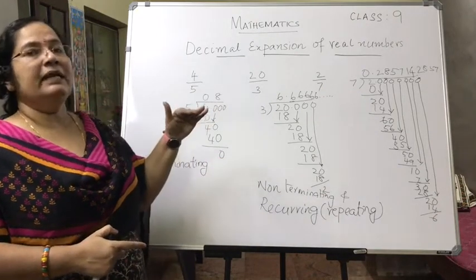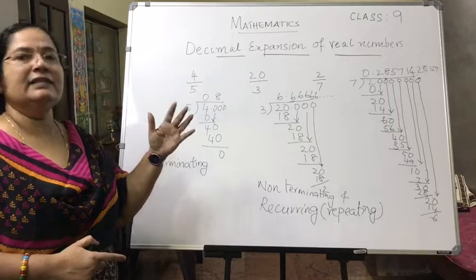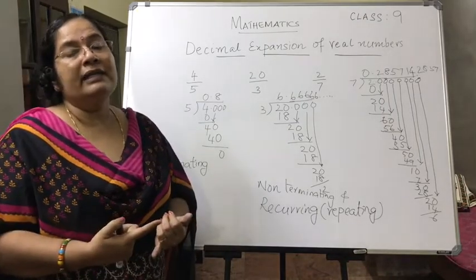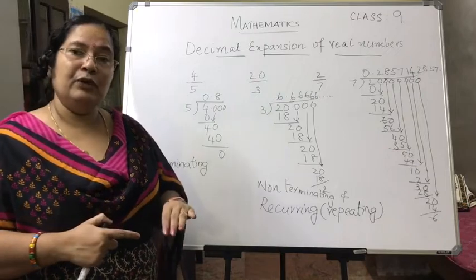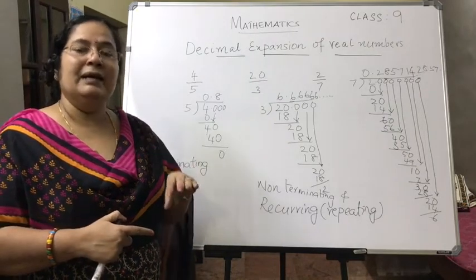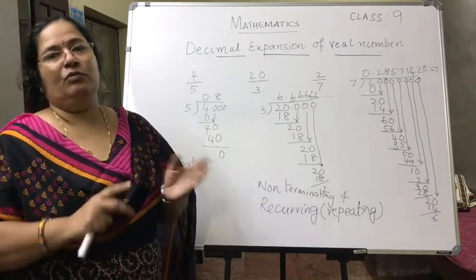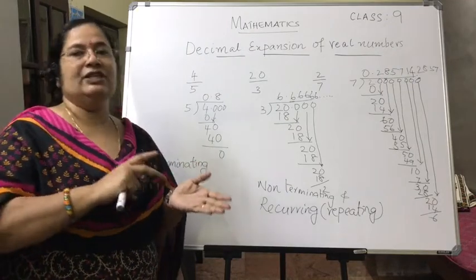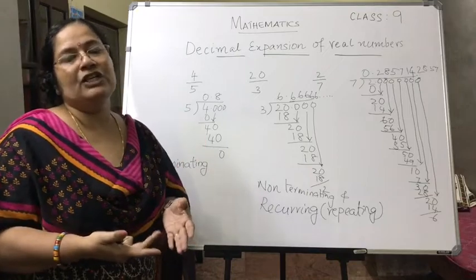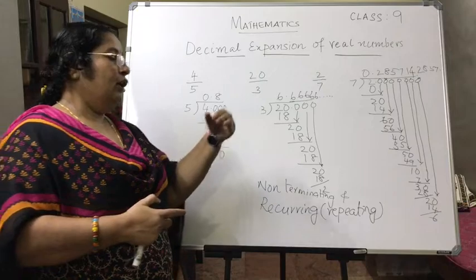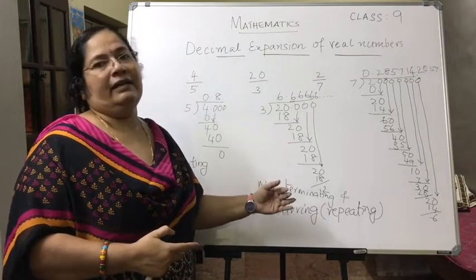So if the decimal expansion given is either terminating or non-terminating and recurring, then we can know that that number is a rational number. So both ways we can say. In a rational number, the decimal expansion can be either terminating or non-terminating and recurring.